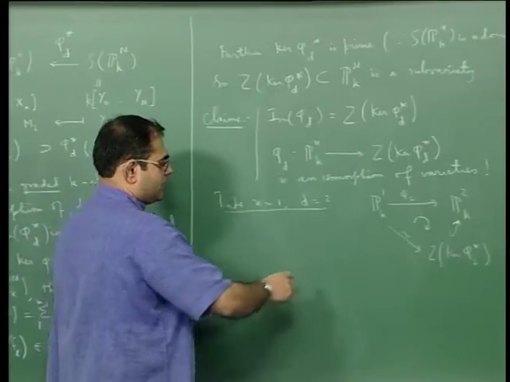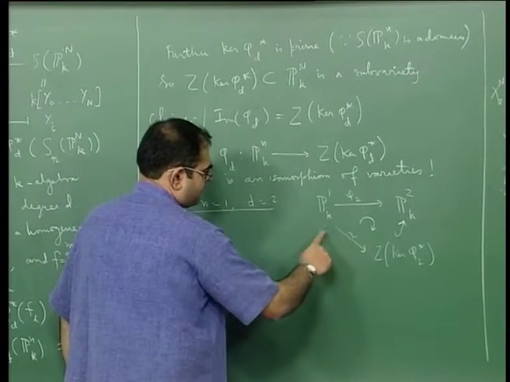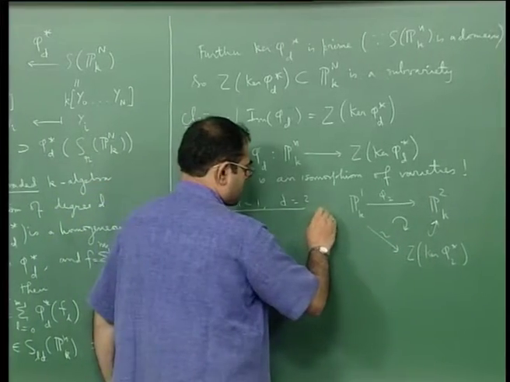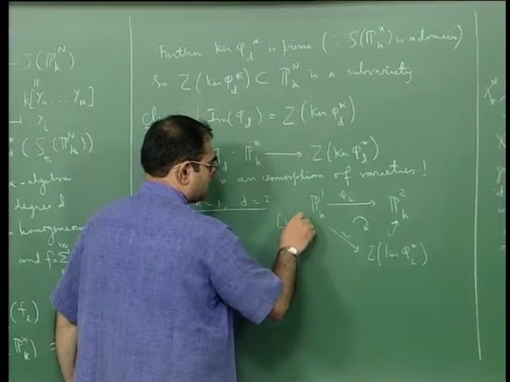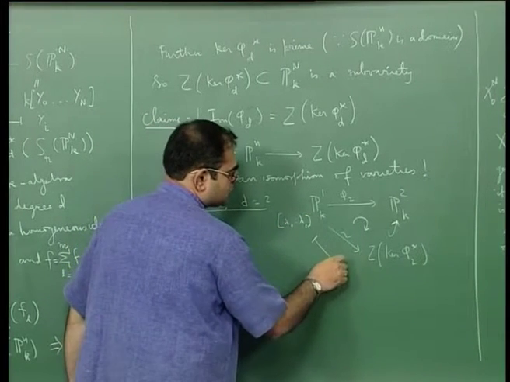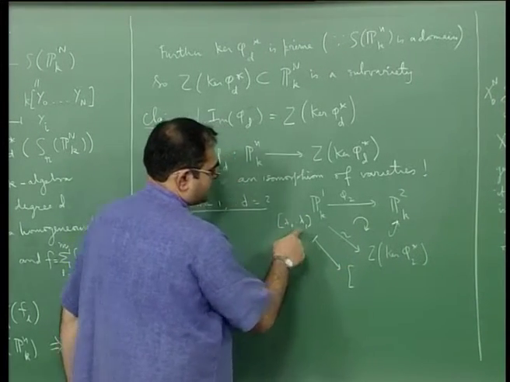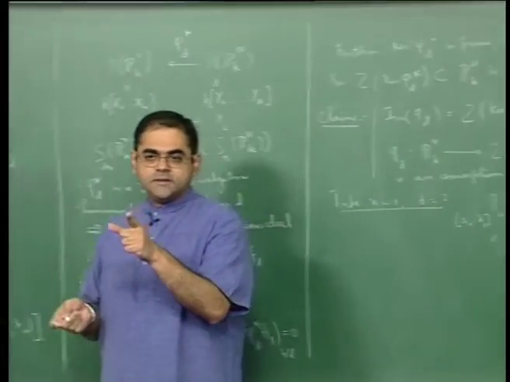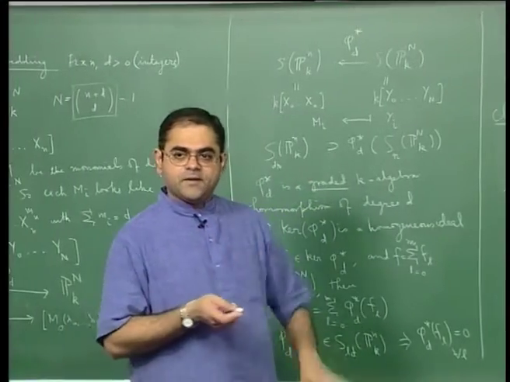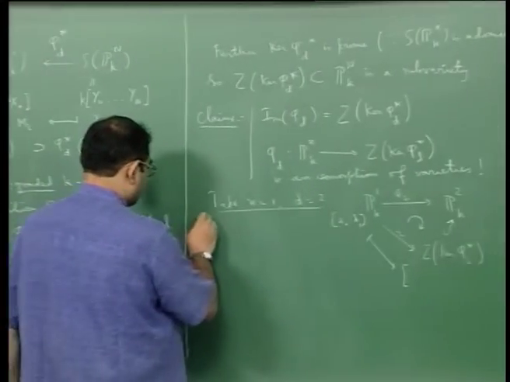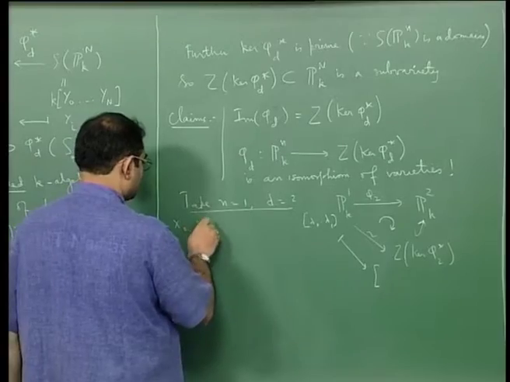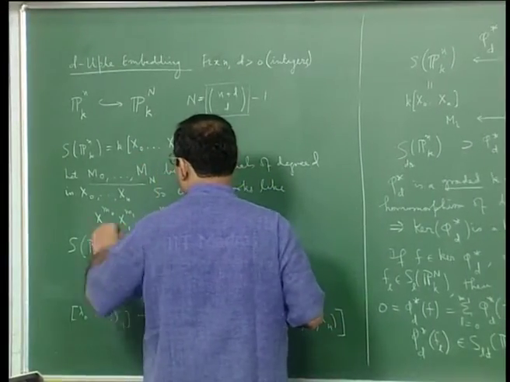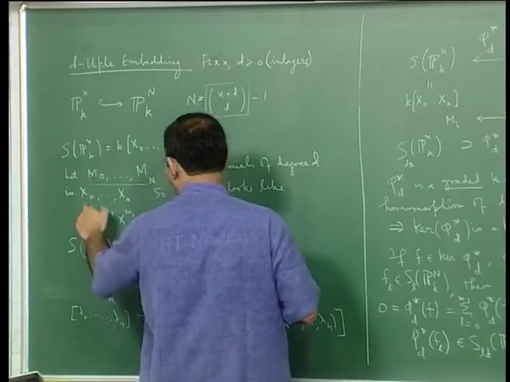So what is the map? The map sends lambda 0, lambda 1 to the monomials of degree 2 in 2 variables. You have x0 and x1, so you are looking at monomials of degree 2 in x0 and x1.